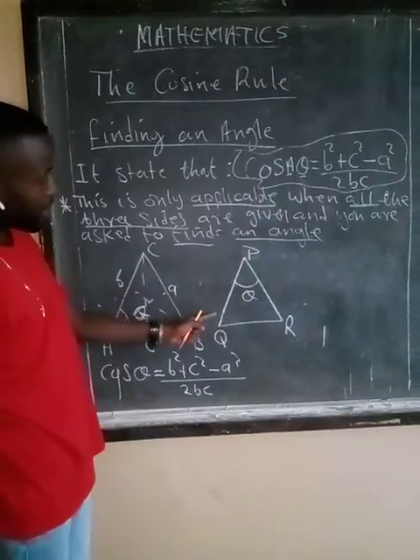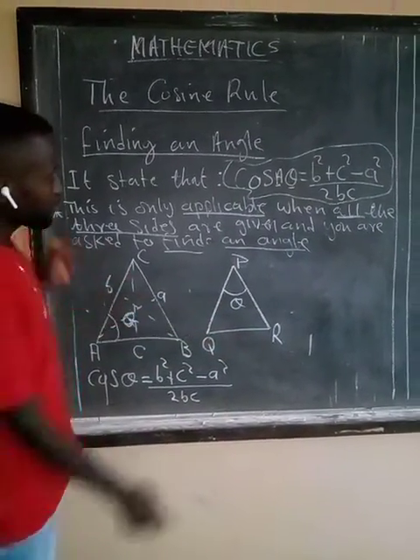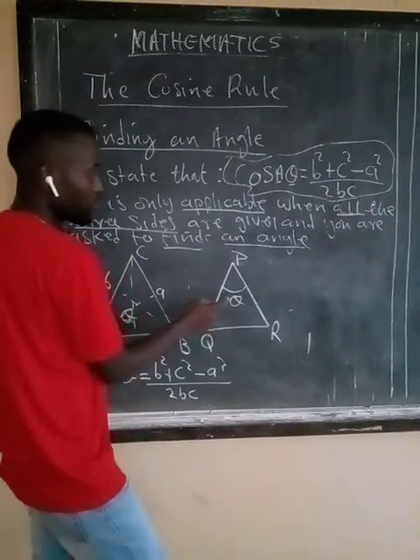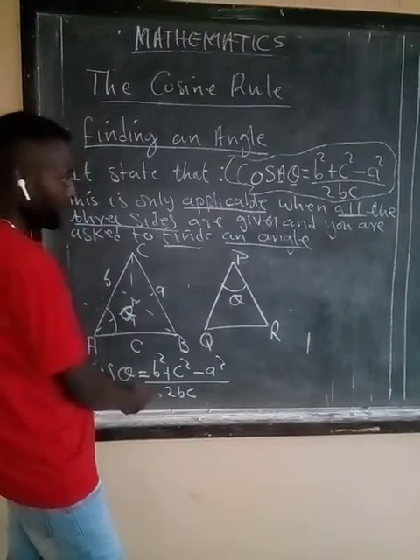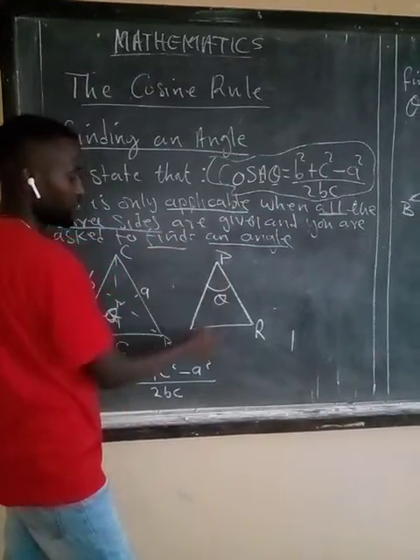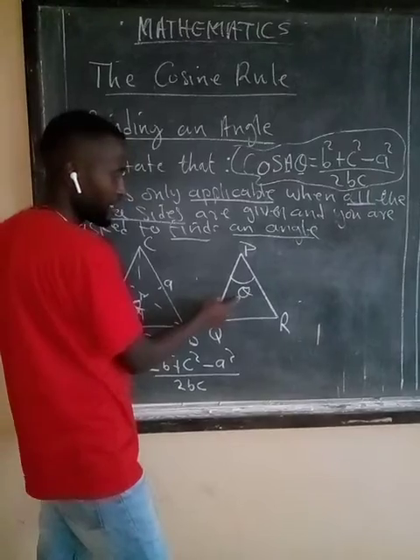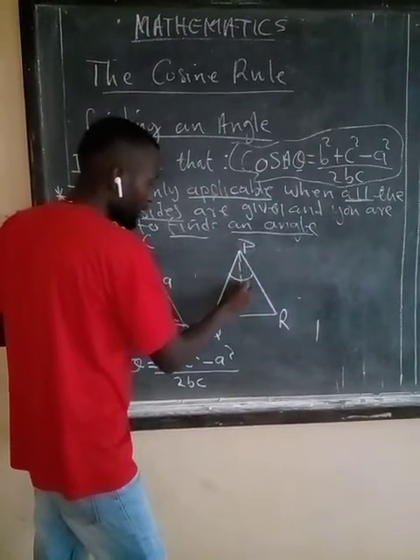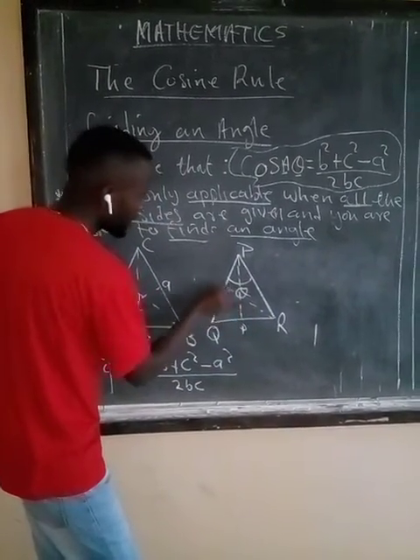Now let's look at this triangle, which is PQR, and we are told to find the angle theta. So how can you best solve this kind of a triangle? It is to manipulate the formula, not always knowing that the formula will have A, B, C. Sometimes it will change to PQR. You just have to know how to change it. So in this case, since I want theta, the opposite of P is small p, the opposite of Q is q, and the opposite of R is r.